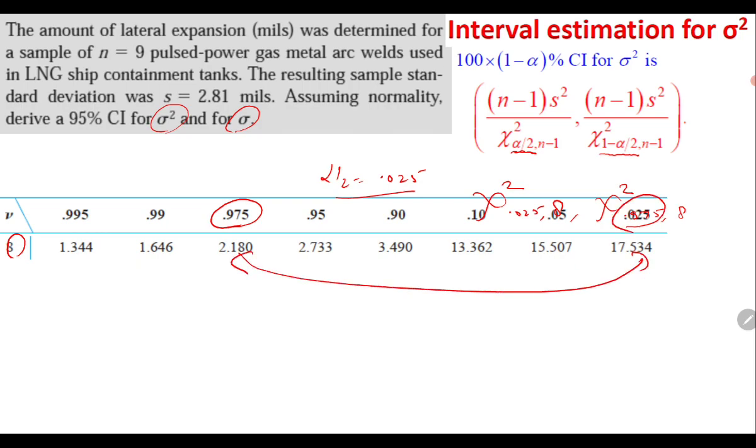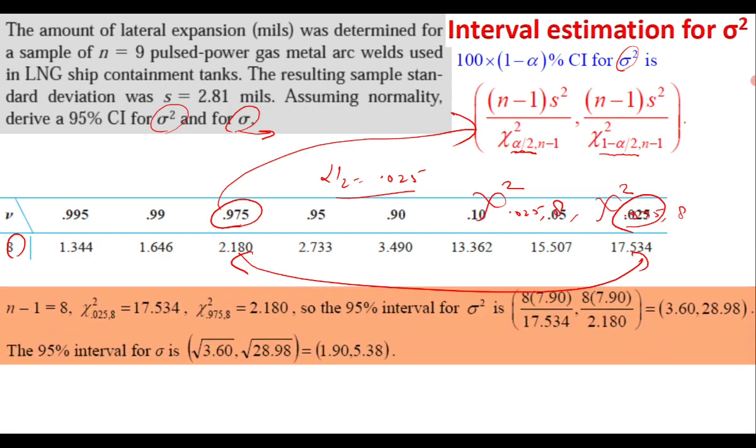Substitute these two values into this formula. This gives you a confidence interval for sigma square. If the question asks for the confidence interval for sigma, then you need to take the square root. For sigma square, this confidence interval is perfect. For sigma, take the square root as it is taken here and get the required answer.